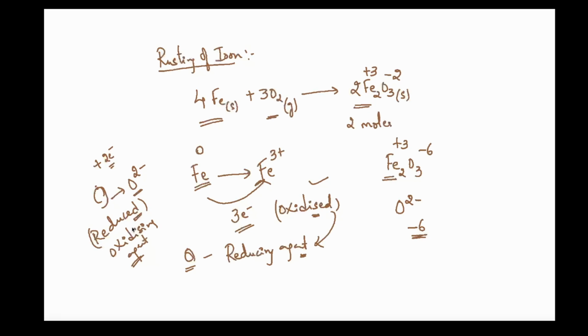Okay, so that's why this is an example of a redox reaction, because one atom is oxidized and the other atom is reduced. Oxygen has gained the electrons, but those electrons are coming from the iron atom. So this is a classical example because we see both the reactions. This can be called the oxidation half reaction. This is the reduction half reaction.